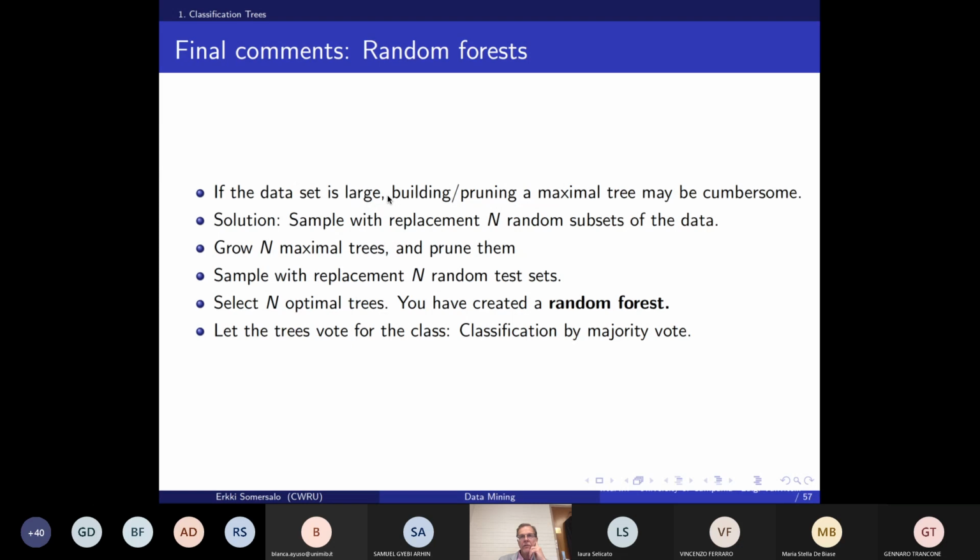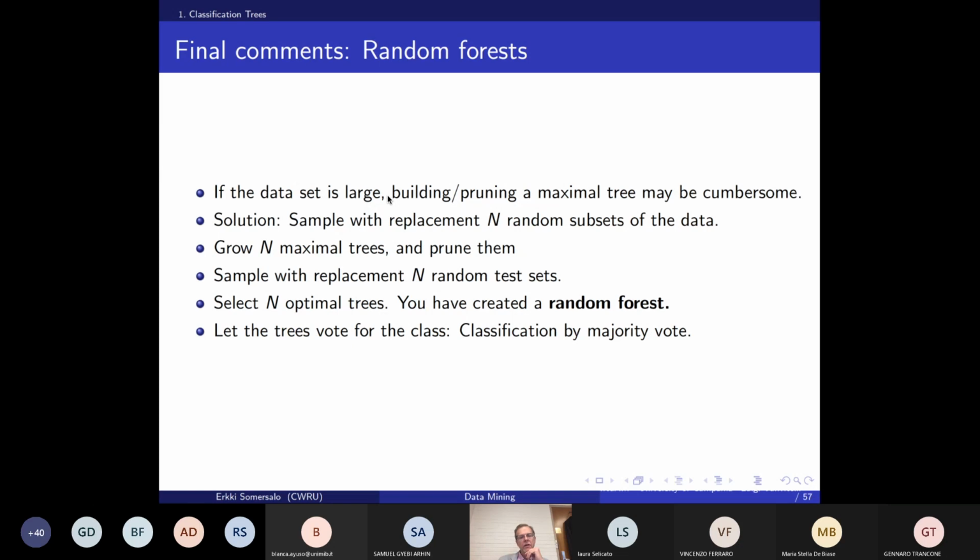So if there is a little bit of noise in some of the data points, you can hope that this noise is canceling out. So if you have one tree that is systematically classifying incorrectly one class of data points, you may have 5 other trees which are not prone to that particular measurement error, and so they are compensating.